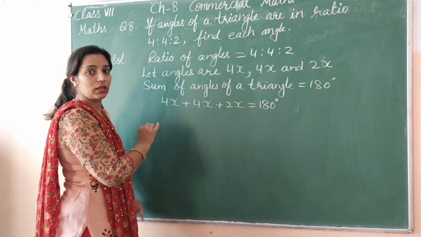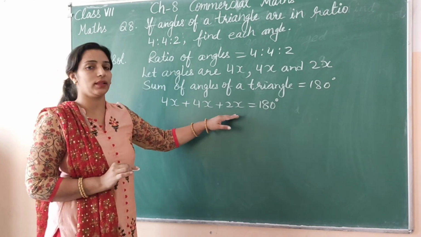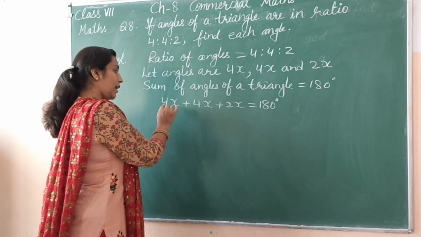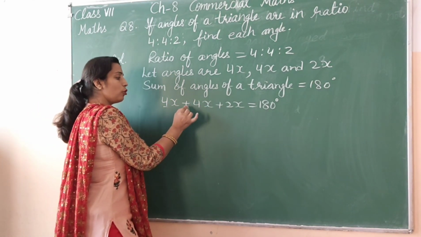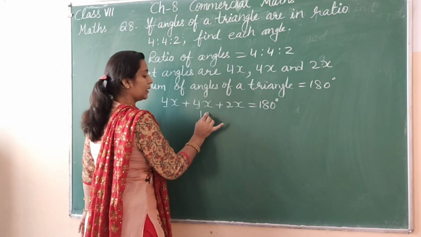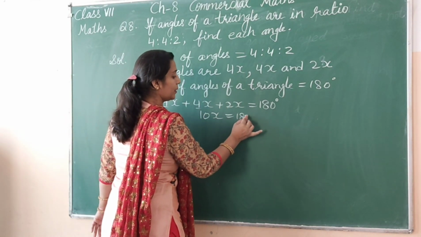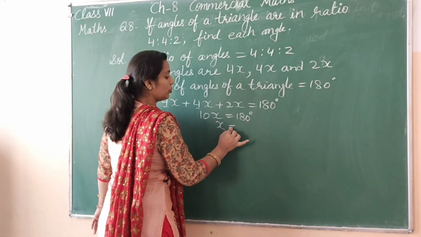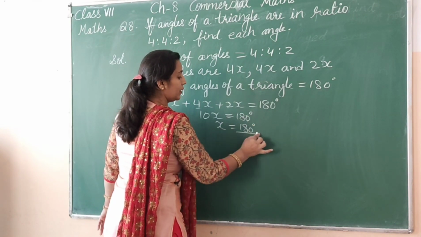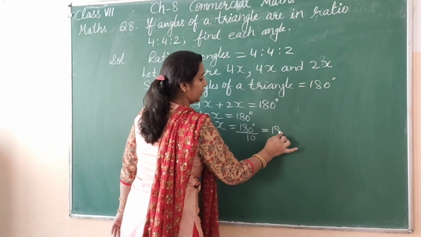We have done in the earlier chapter how to add like terms. We add their coefficients. 4 plus 4 plus 2 is 10. 10x is equal to 180 degrees. x is equal to 180 degrees by 10, 18 degrees.